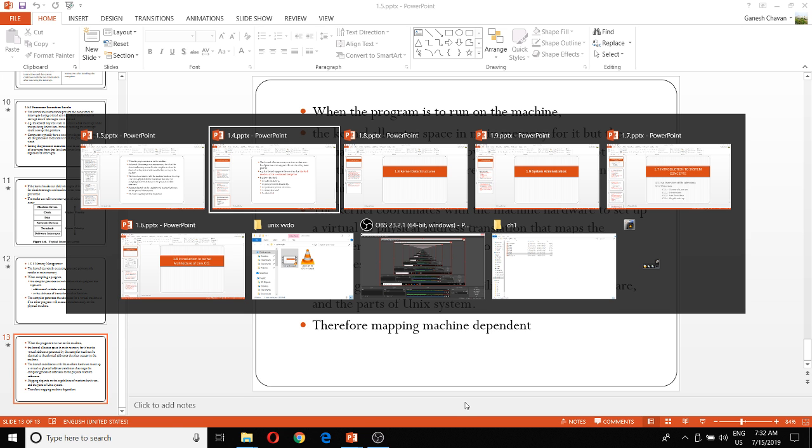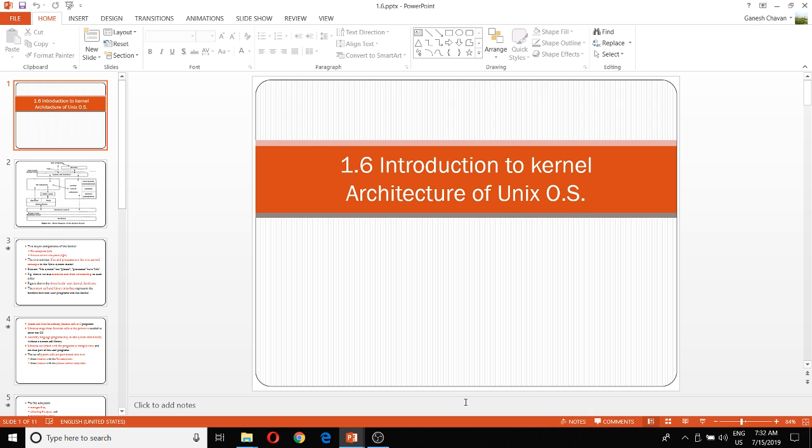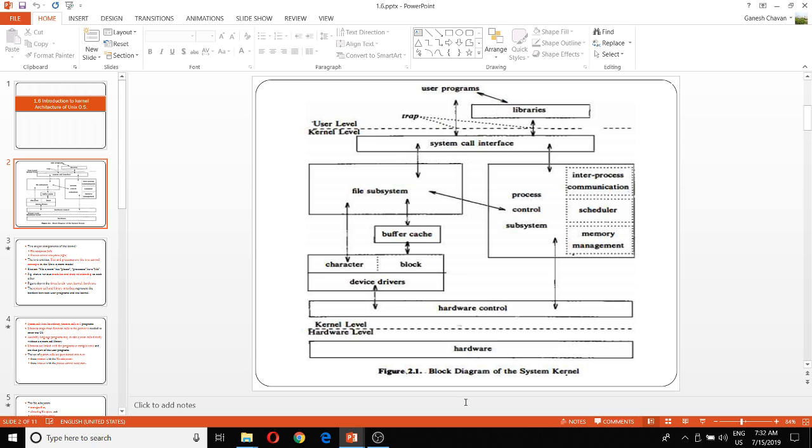Now, let us understand the next point called Introduction to the Kernel, which entails the architecture of the Unix operating system. This diagram is very interesting, which is basically divided into three levels: hardware level, kernel level, and user level.